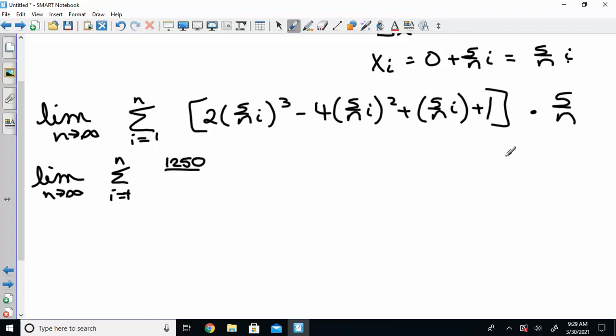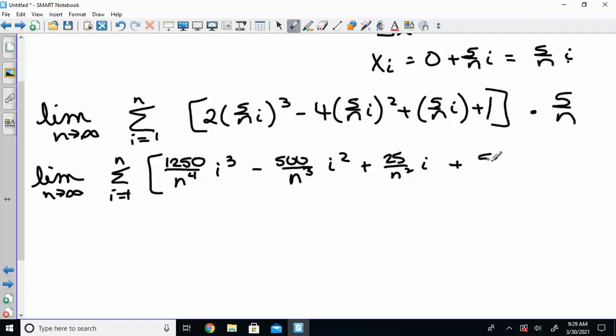This would be an n cubed times an n, so n to the 4th, i cubed. Okay, this would be 25 times 4 is 100 times 5 is 500. n squared times n, so n cubed times my i squared. 5 over n times 5 over n, so 25 over n squared times i, and 5 over n times 1.